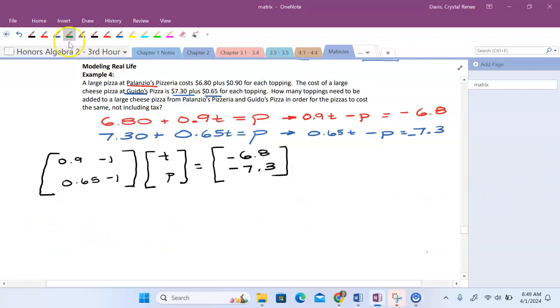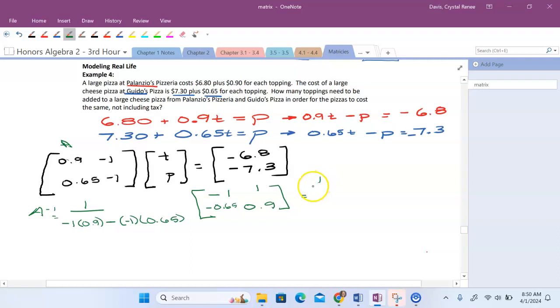All right, so first thing we want to do is, if this is A, we want to find my inverse of A. Okay, so I find that by doing 1 over the determinant, so negative 1 times 0.9 minus negative 1 times 0.65, and multiplying it by, I'm going to flip the places of 0.9 and negative 1, and then I'm going to flip the signs of these, so 1, negative 0.65.